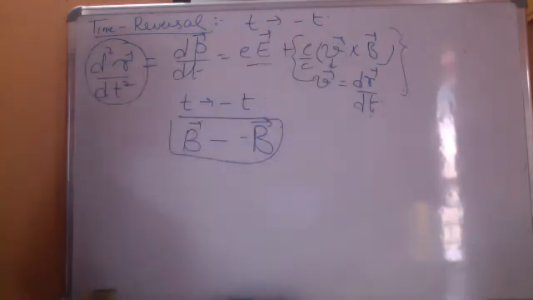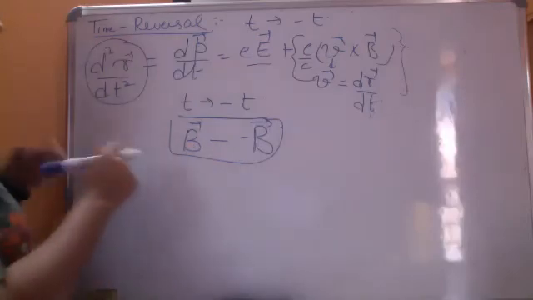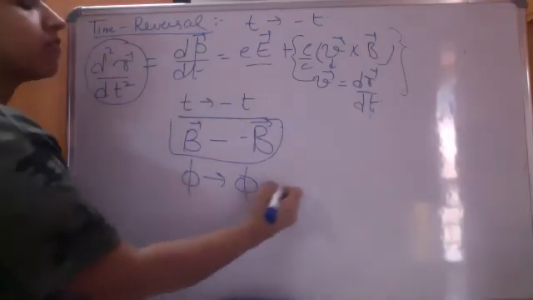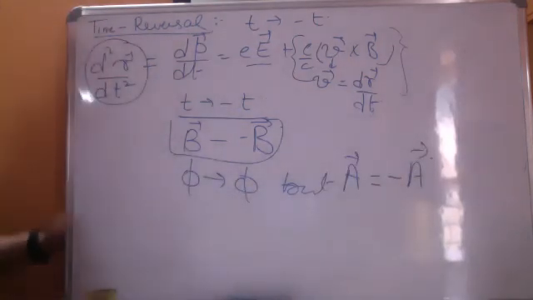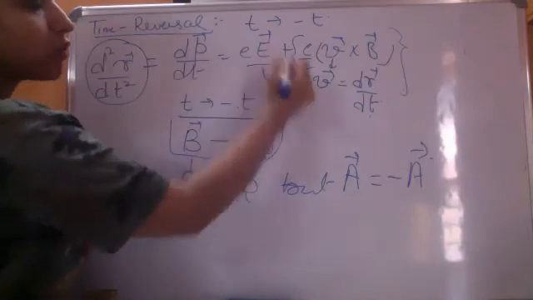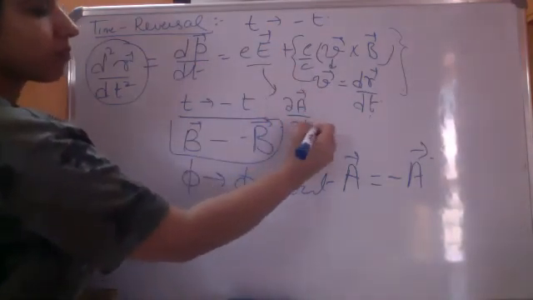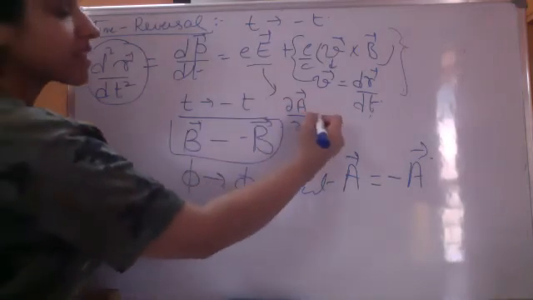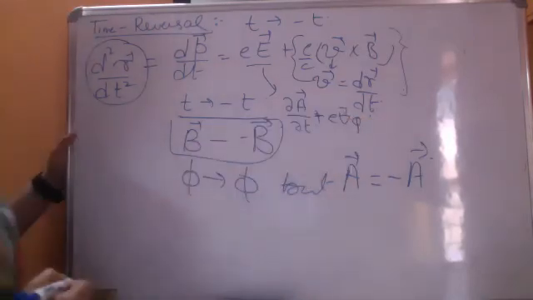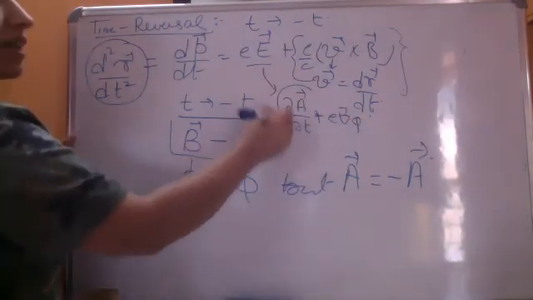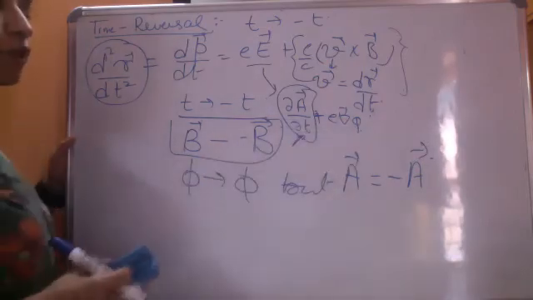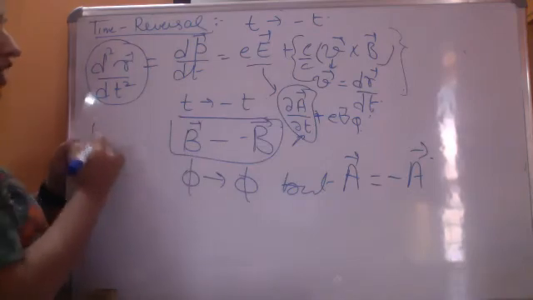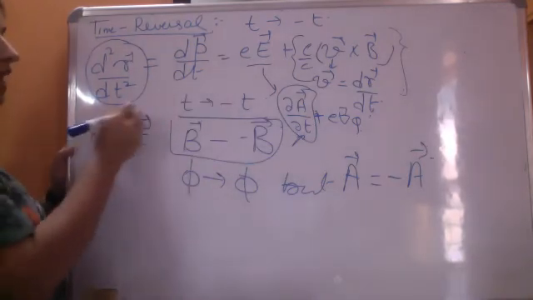So for these equations to obey time reversal, it is very important that in addition to doing t to minus t, you should do B to minus B, or phi will remain phi, but A should be changed to minus A. You can see that here also, if you add that term in E, and you see E as a combination of del A by del t and grad phi, as you do the time reversal, you need to keep phi as phi, but you need to change A. So if you change t to minus t, E remains E, but B has to change its sign.